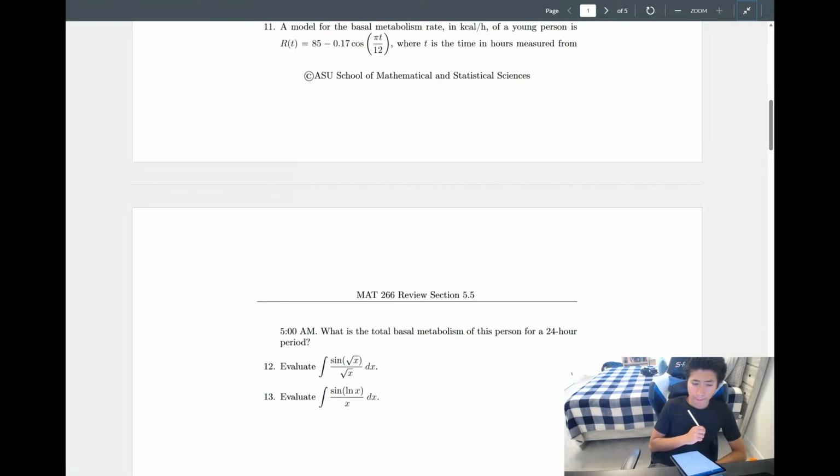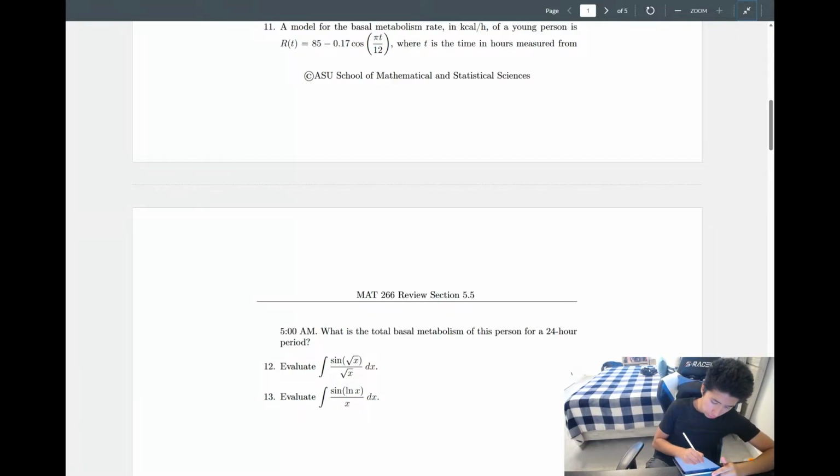What is the total basal metabolism? Okay, so R of t. All right. So it's a rate. That is a rate. What is the total basal metabolism of this person for a 24-hour period? So t is time in hours.